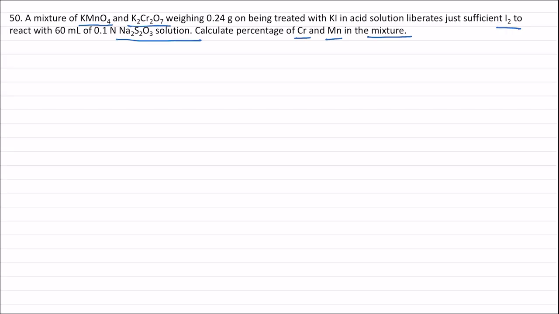Now let the weight of KMnO4 present in the mixture be x gram, and weight of K2Cr2O7 present in the mixture will be 0.24 minus x gram.